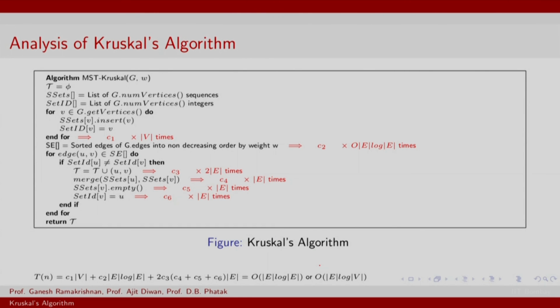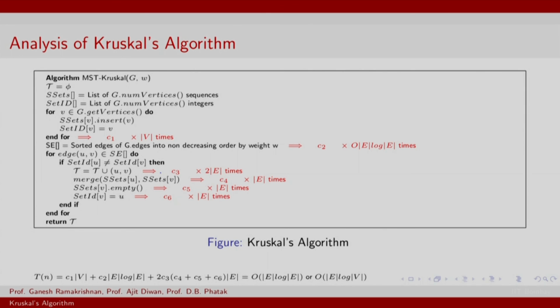So we have a very specific implementation where we have maintained the union using list of sequences. So for this, the analysis is very straightforward. The insertion of the V nodes will take C1 into V times. The sorting will be an order E log E operation, the sorting on the edges in the increasing order of weights, beg your pardon.